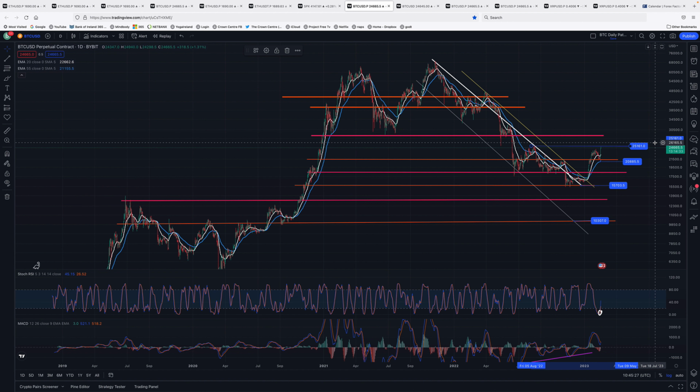I don't have the articles going for Bitcoin going to 56K, 100K, 200K, even 30K. We haven't gone through that level of resistance to be able to say that. Technically, there's no argument for such a move.